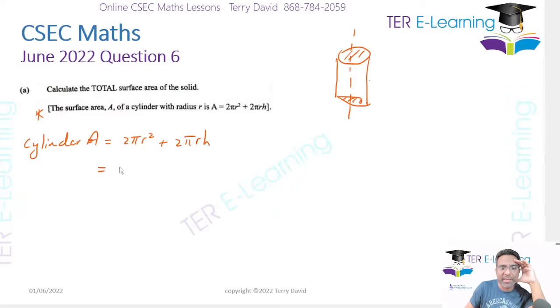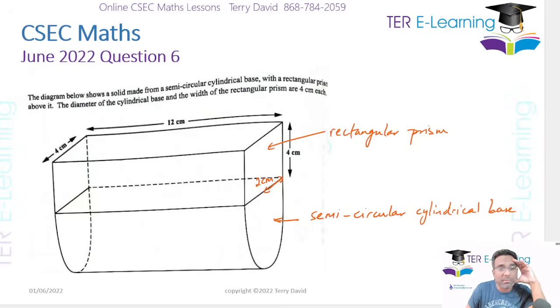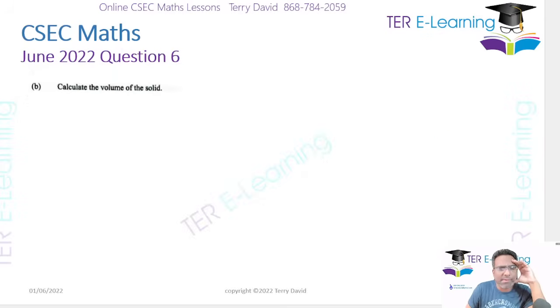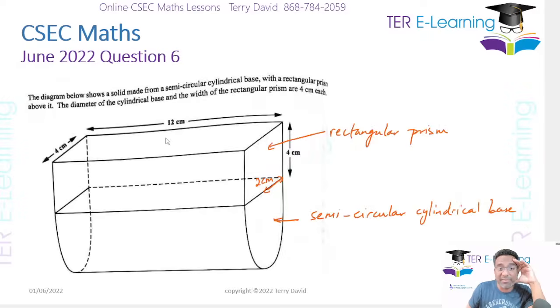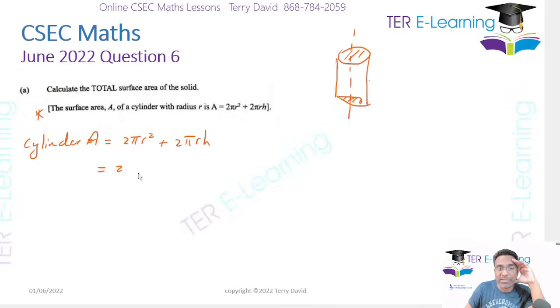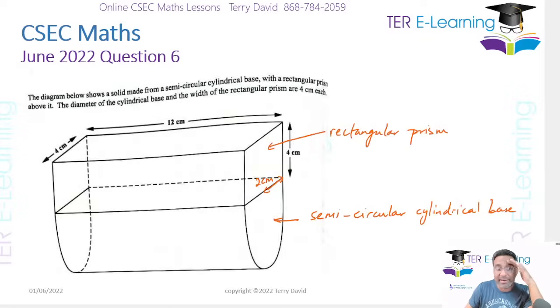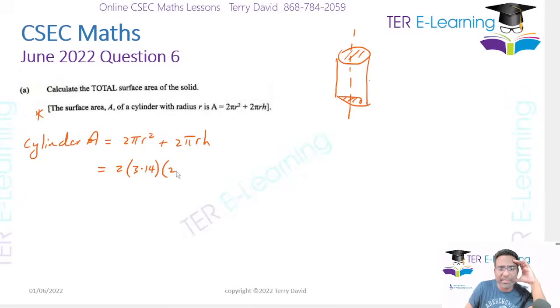So that's going to be 2. I don't see a value given for pi, so I'm going to take pi as 3.14. So that's 3.14 multiplied by the radius. According to my diagram here, that radius has to be 2 cm. So this is going to be 2 times 3.14 times 2 squared, plus 2 by 3.14 multiplied by your radius, which is 2 again, multiplied by your height.